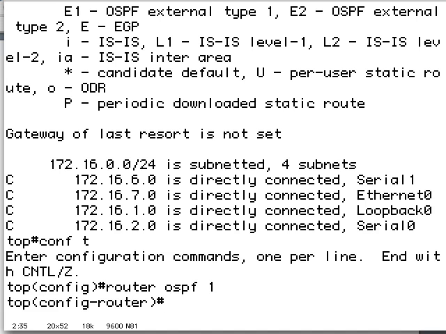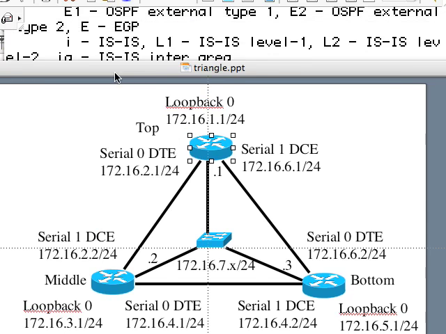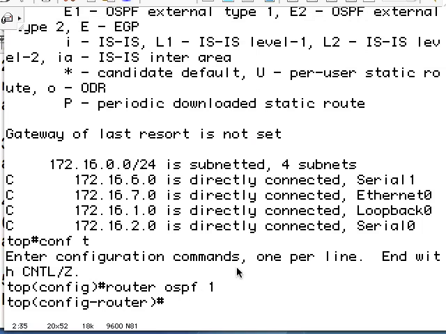That's a process ID. Now to turn on a routing protocol on an interface, we need a network statement.